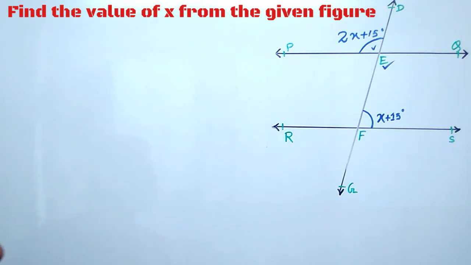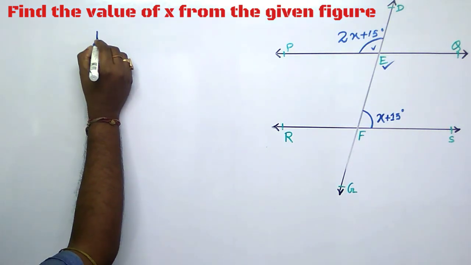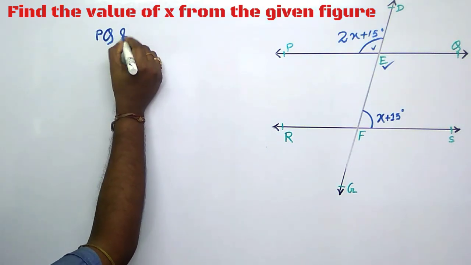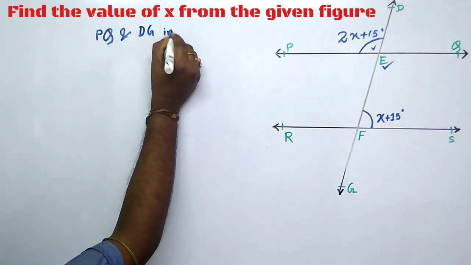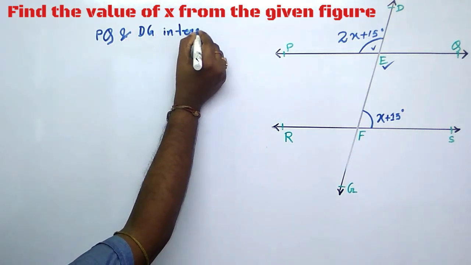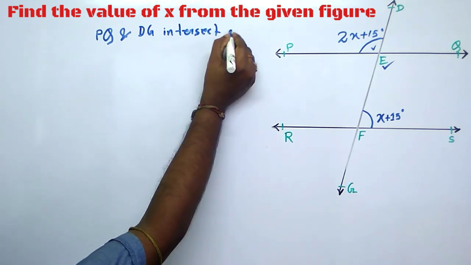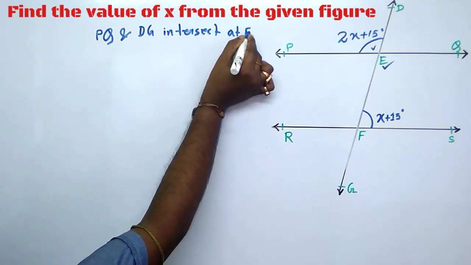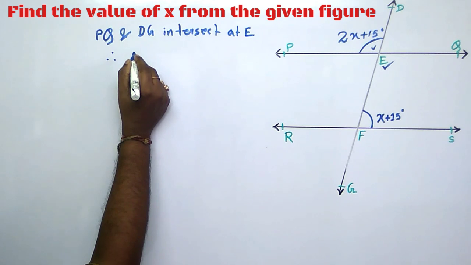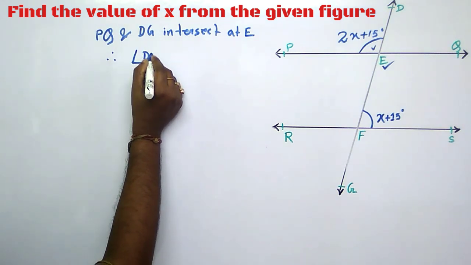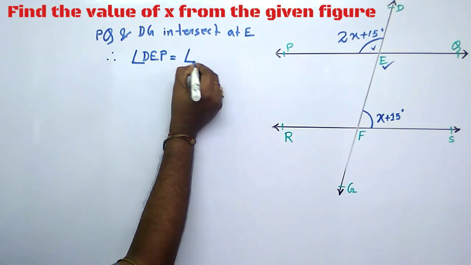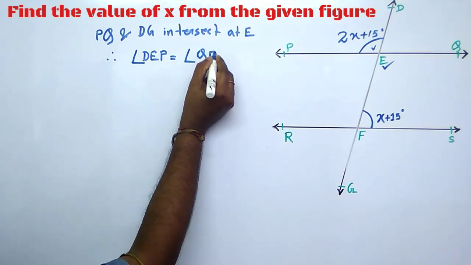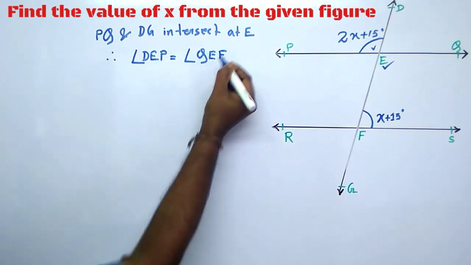So how to write? First we will write here: PQ and BG intersect at E. Therefore, angle DEP equals angle QEF.